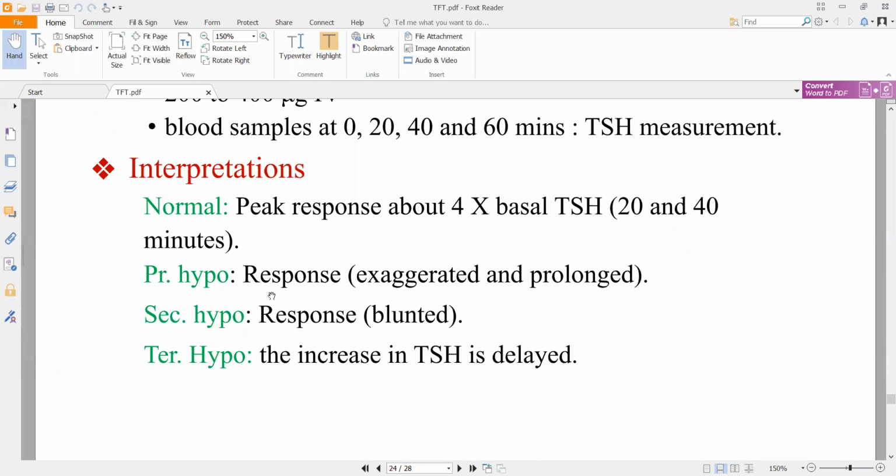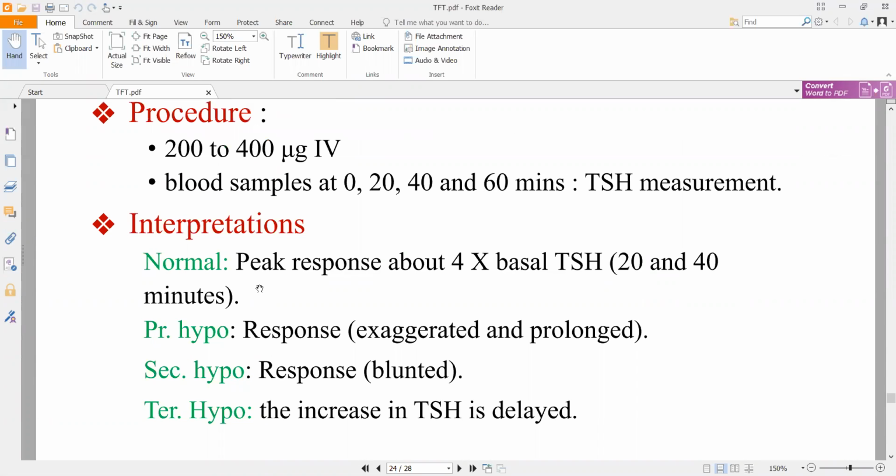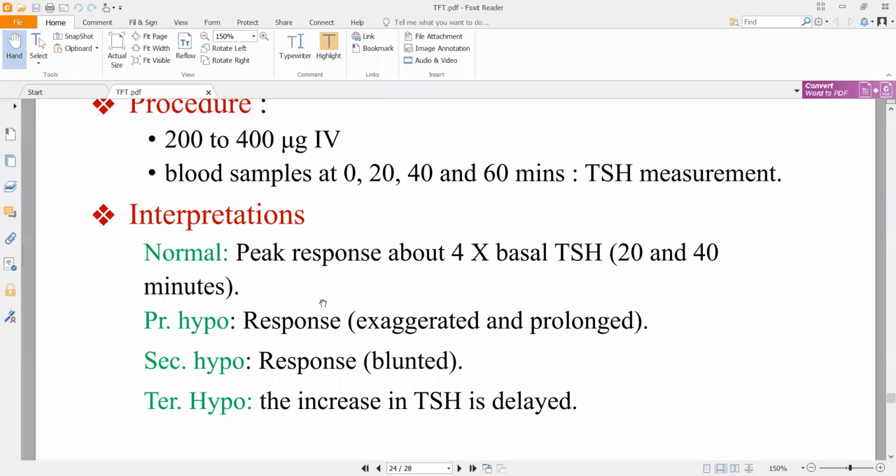Now when I'm giving this 200 to 400 micrograms IV, I will get a peak response within 20 to 40 minutes, wherein TSH will go up 4 times. Meaning, instead of 0.3, I'll see 1.2 micro IU per ml in my blood. I hope you understood the interpretation here. That is what normally should happen.